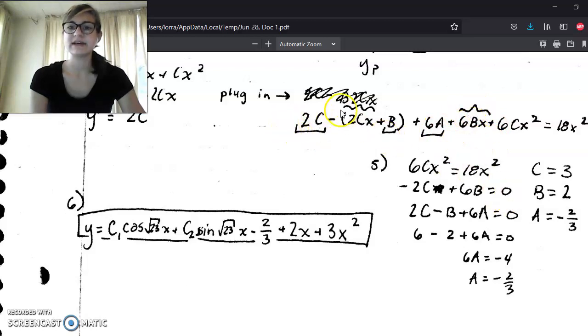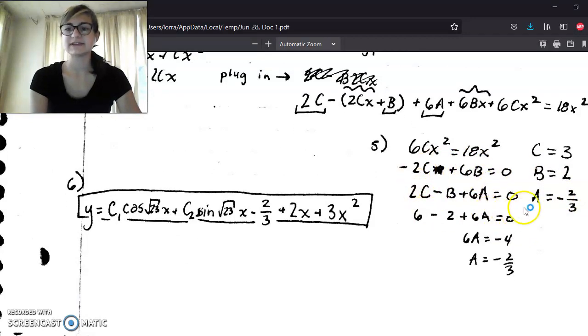And then 2c minus b plus 6a is also equal to 0. So you just fill in what you know, and you substitute. So negative 2 times 3 is equal to 6, and obviously b is equal to 2. And then once again, you just substitute into this last equation to get a is equal to negative 2/3.